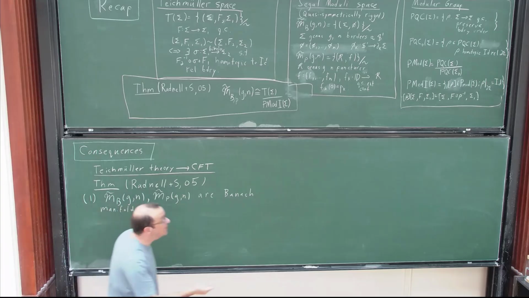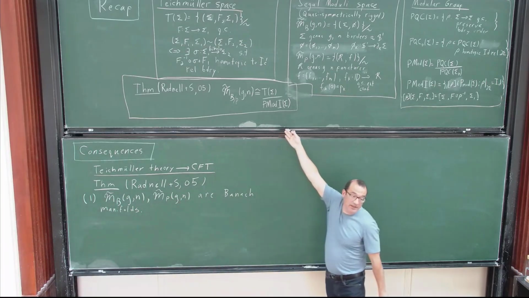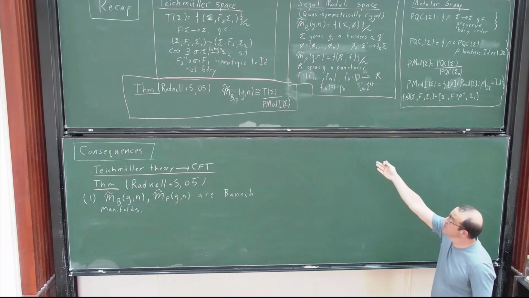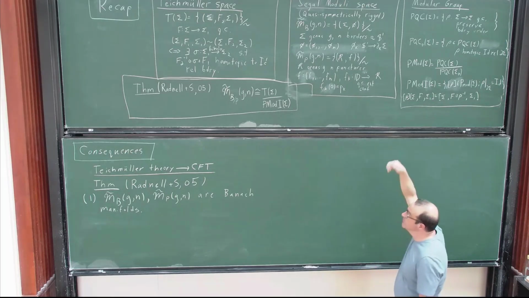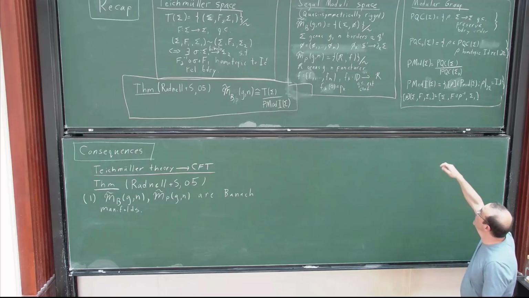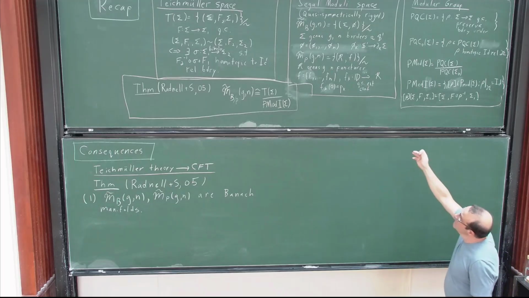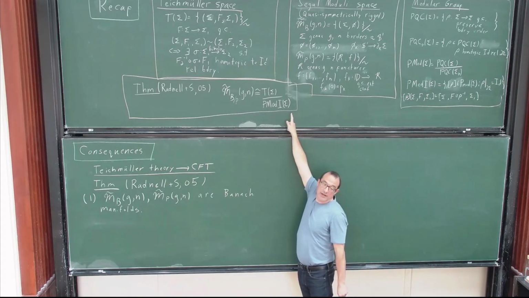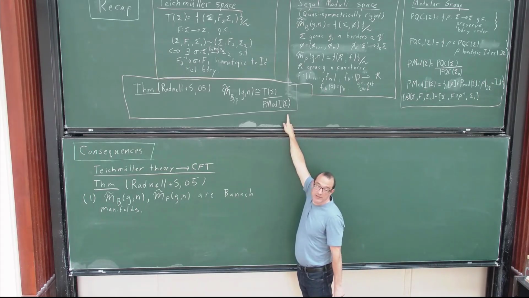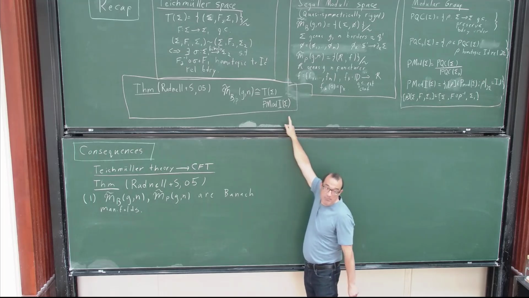Why is this true? Because classically, this goes back to the 60s, the Teichmüller space is a Banach manifold. That was established by Schippers, a large number of people. Then, because of this modular group, we just needed to show that it acted properly discontinuously and fixed point freely. It actually acts by biholomorphisms.